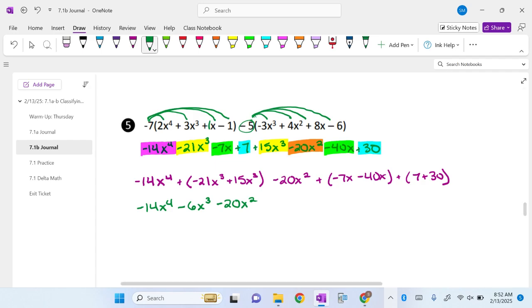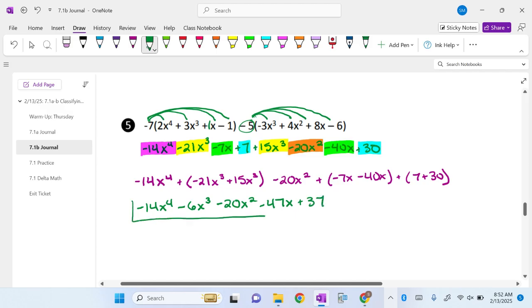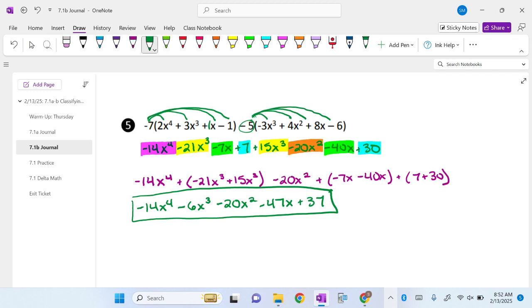Negative 7x minus 40x, that's like adding two negatives. So we have negative 47x. And then 7 plus 30 is 37. So this big boy is our answer. Any questions on this one?